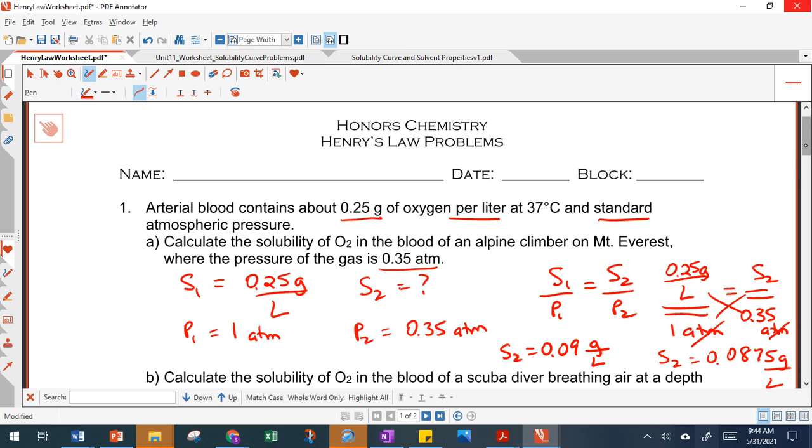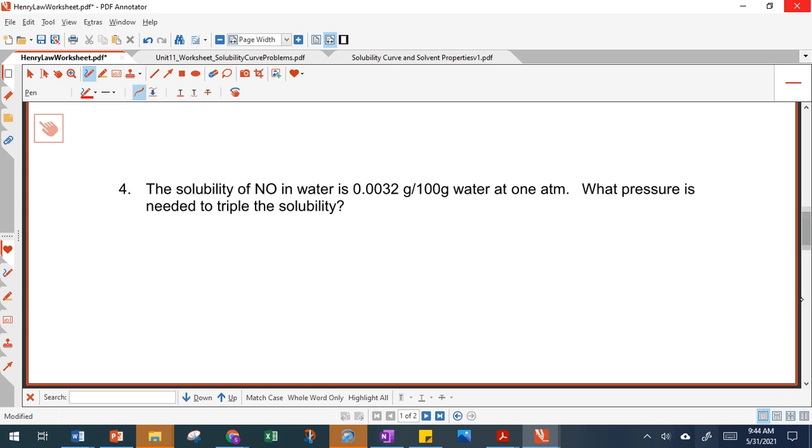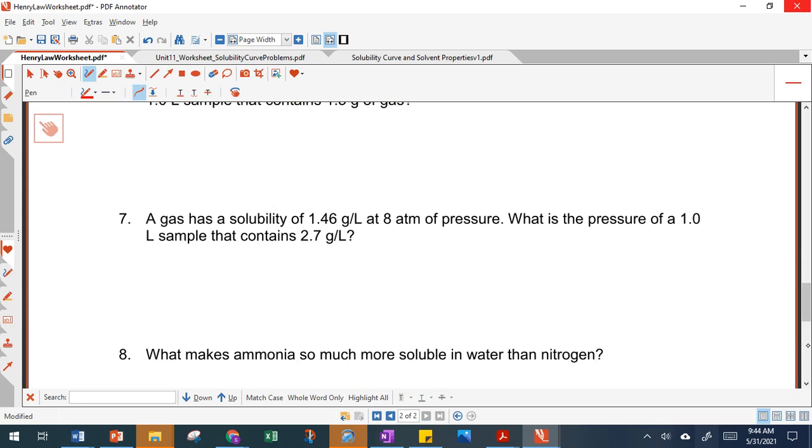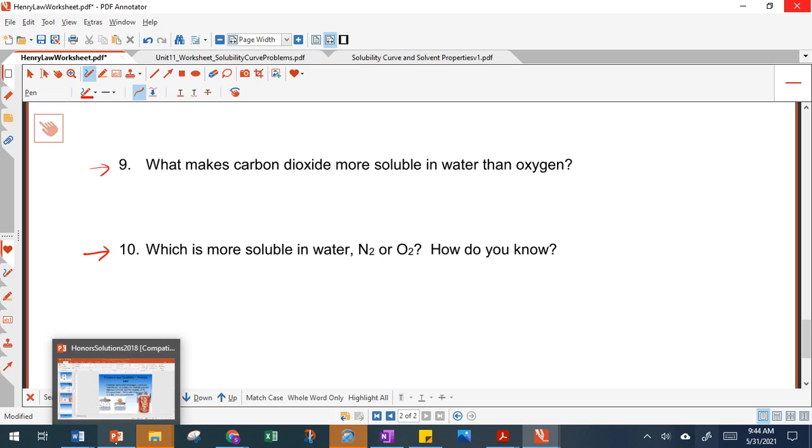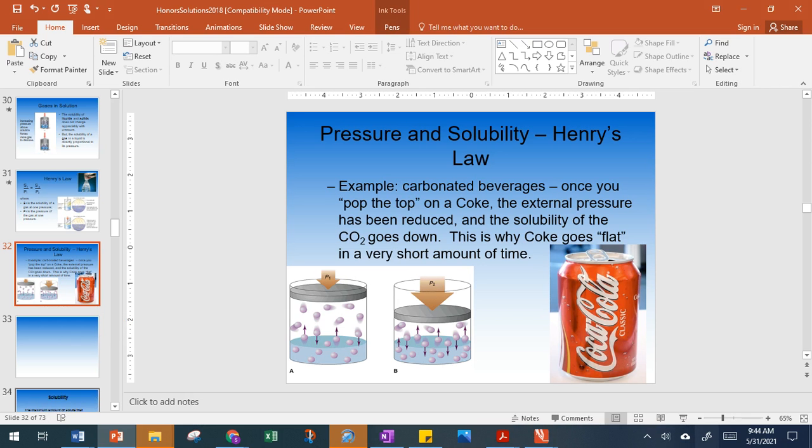So that's a typical problem on this sheet. Again, you just have to read the problem very carefully. When you get to the end of the sheet, I just want to show you a couple of things. When it's asking what makes carbon dioxide more soluble in water than oxygen, and what is more soluble, nitrogen or oxygen, you have to think back to your notes from the screencast for today's class.